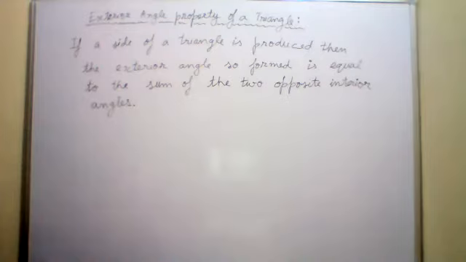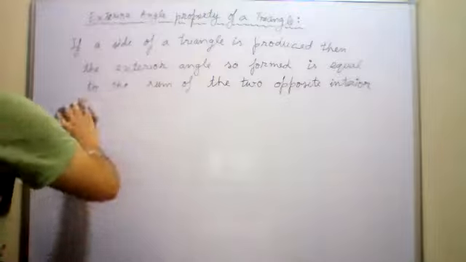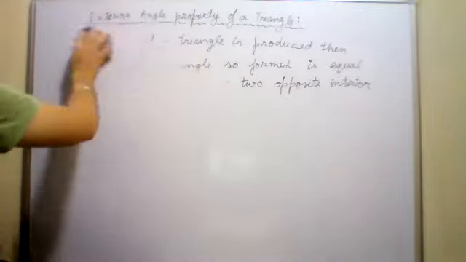Now let us understand what is the meaning of the property. Very important thing, all of you, please pay attention. What is the meaning? Okay, I'm erasing this from the board because I don't have much space on the board here.